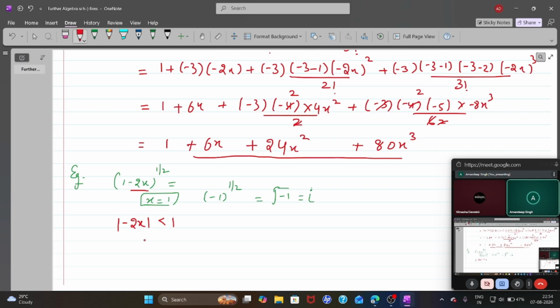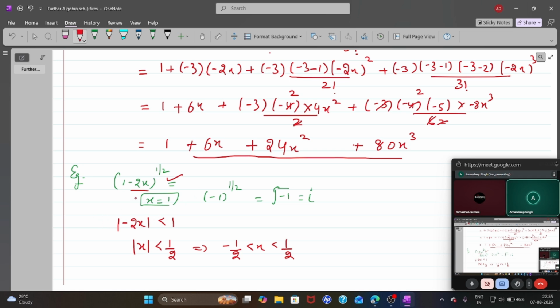After that you get mod of x is less than 1 by 2, so x lies between minus 1 by 2 and 1 by 2, not including 1 by 2 and minus 1 by 2. If you put any number between minus 1 by 2 and 1 by 2, the expansion of this term will exist, otherwise it will not exist. So every time you have to put it less than 1.